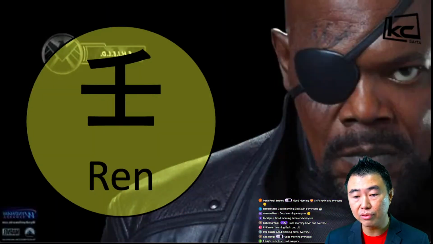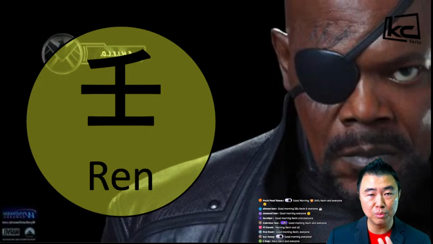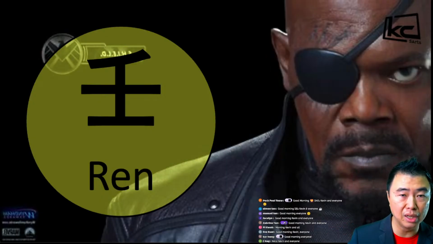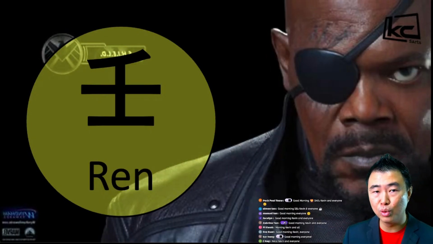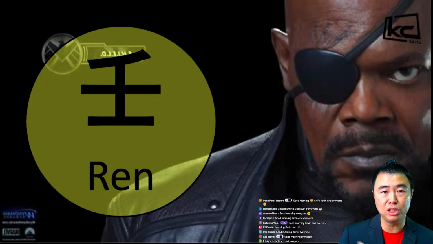Ren a lot of the time represents population. So now you can know this guy is Nick Fury. Later, when we have a longer discussion, you'll know why I picked Nick Fury. If you don't know, this is one of the Marvel characters. He is the head of SHIELD, which is the Earth protecting department.